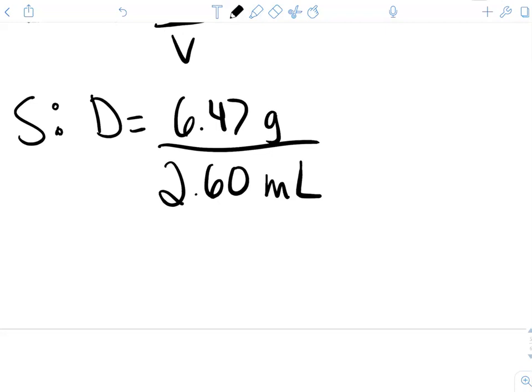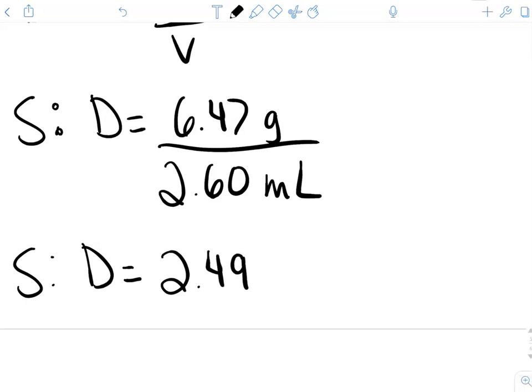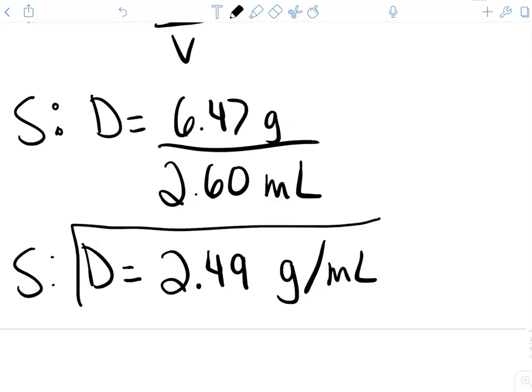If I don't have units, then I don't know what you're talking about. If we plug this into our calculator and we want 2 decimal places, we would get that our density equals 2.49 grams per milliliter. Grams per milliliter would be my unit.